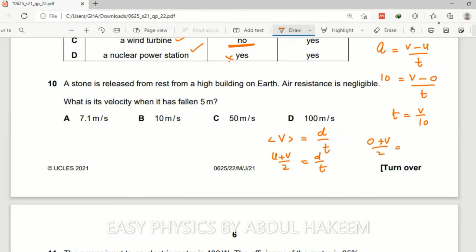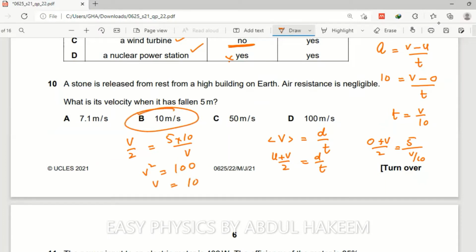The distance fallen is 5, and the time taken is v divided by 10. So it can be written as v divided by 2 is equal to 5 times 10 divided by v. So when multiplied, v squared is equal to 50 times 2, which is 100. So v is the square root of this, so 10, so the answer is B.